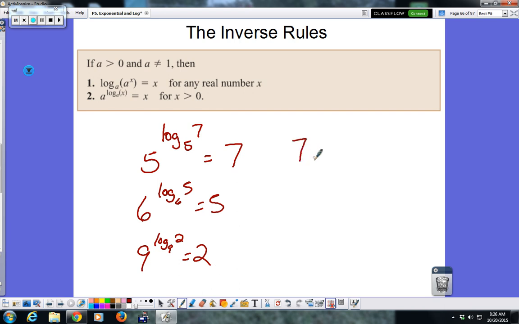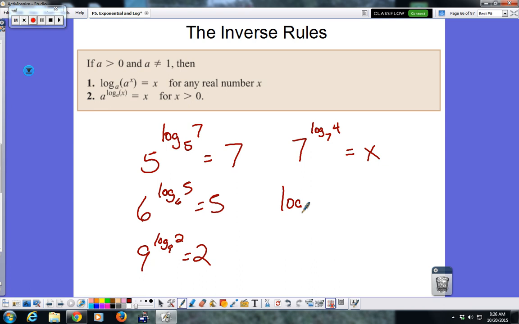Let's do 7 raised to the log base 7 of 4. We know that's 4 from what I just showed you. But here's why it's 4. Change forms there. That's actually in exponential form. You've got something to a power equals something. Change that to logarithmic form, and then you're going to see why this is true.